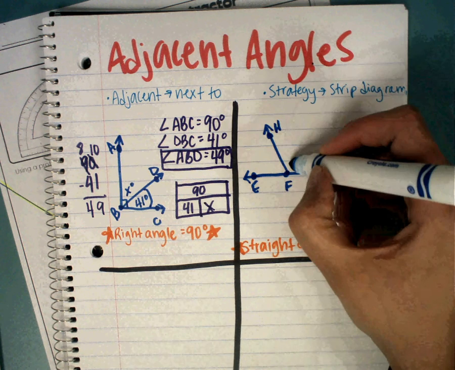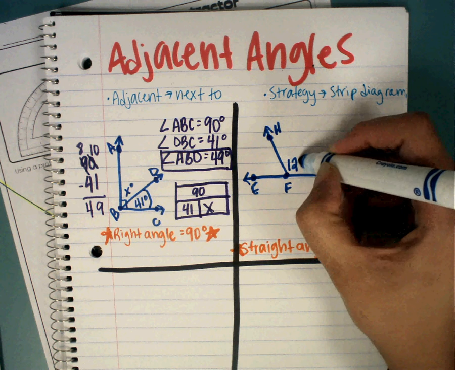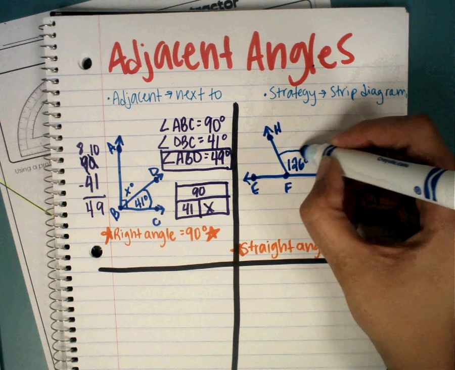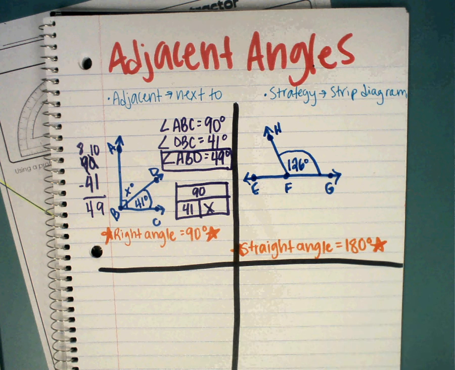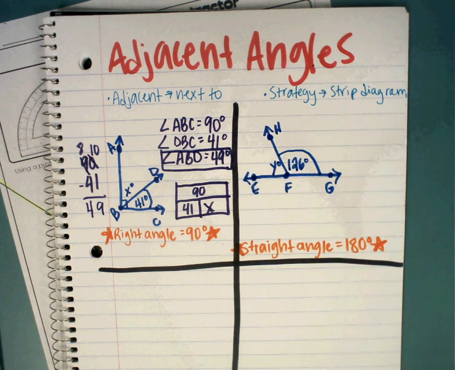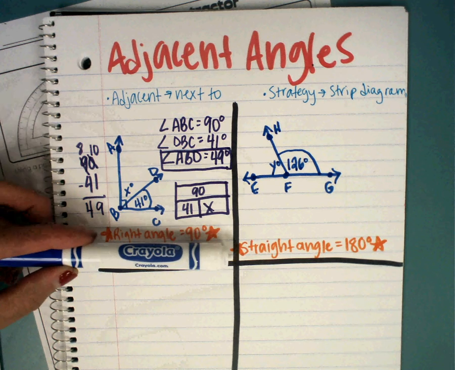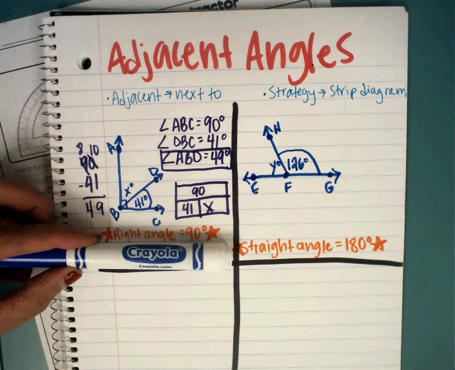So this right here is 126 degrees from here to here, okay? I don't know what this is over here. We're going to call this y, lowercase y degrees. When you see a straight line like this, they're assuming that you know that a straight angle equals 180 degrees.